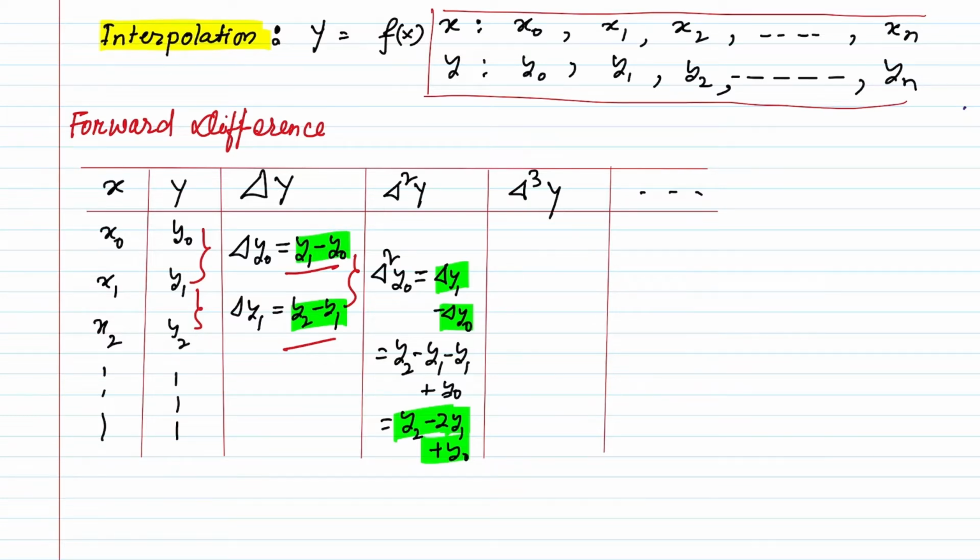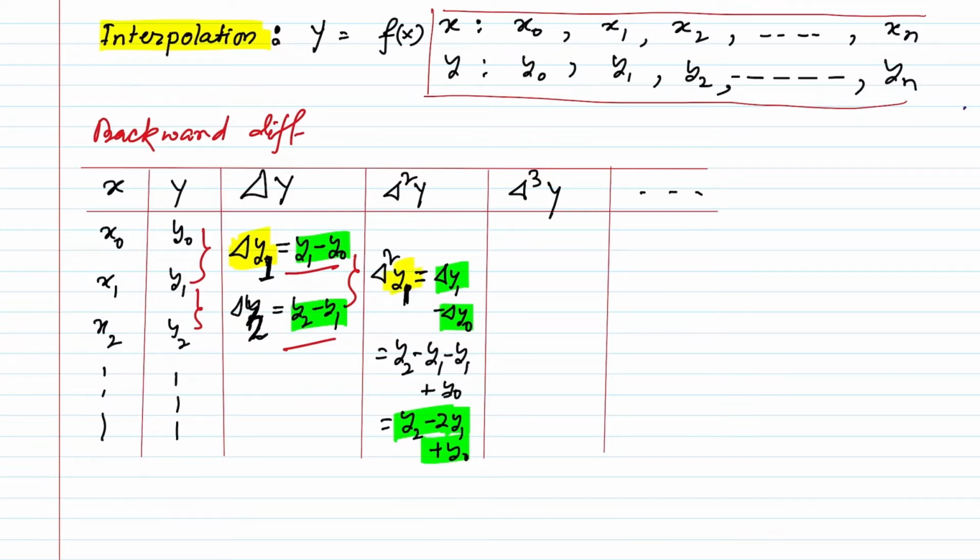Similarly, we can construct the backward difference table. It is the same as the forward one. Here, y1 minus y naught will be represented by nabla y1 instead of del y naught, and y2 minus y1 will be represented by nabla y2 in case of backward difference.